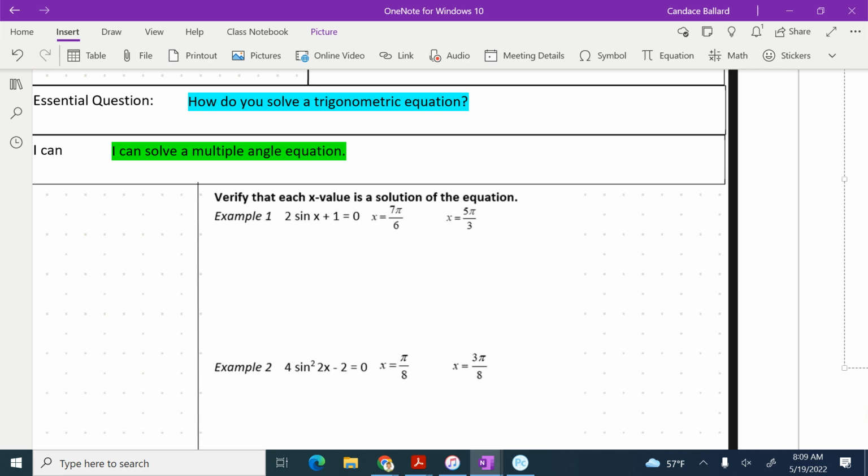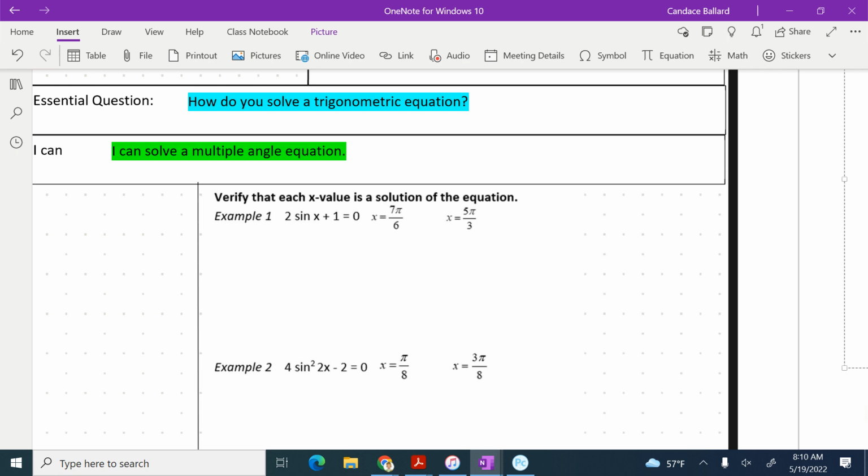So we are going to learn how to solve an equation that has trigonometry in it. We've taken a lot of baby steps already to doing this, so we're close. We just have to have that last little bit. In these first few, we just have to verify that these radian measures are solutions to that equation.